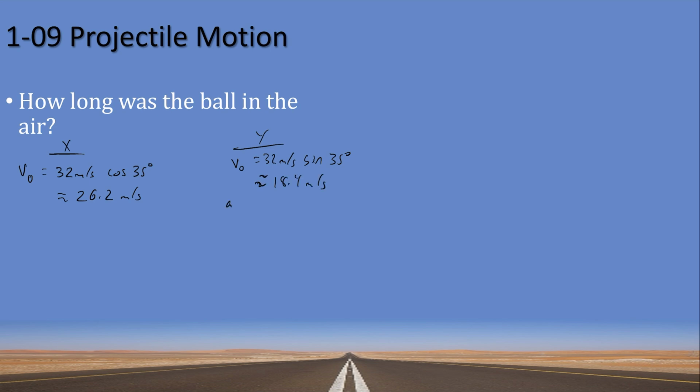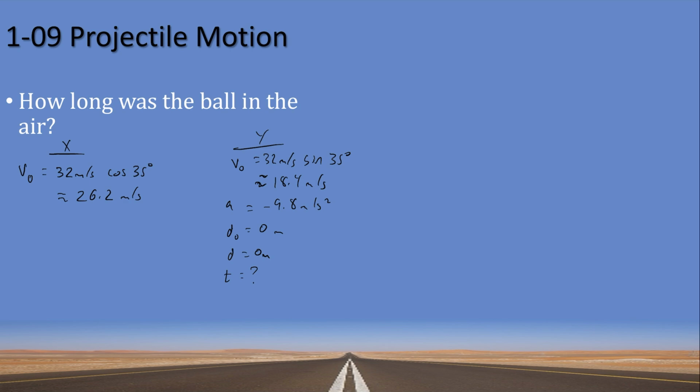In the y, we know our acceleration is negative 9.8 meters per second squared. We're saying we start at 0 height. Oh, when we land, we're also going to be at 0 height, and we're looking for the time.